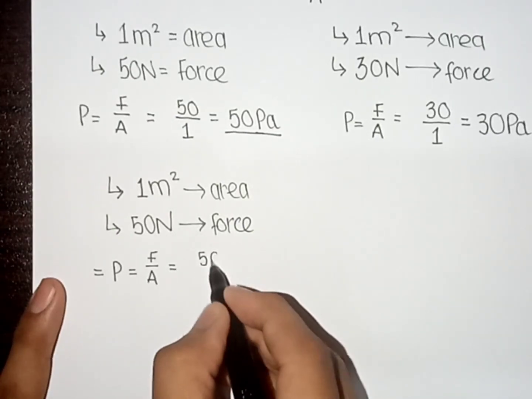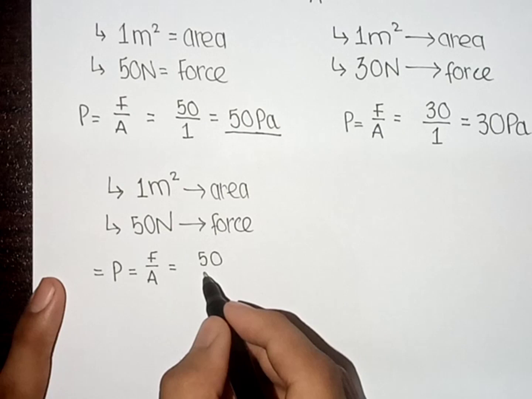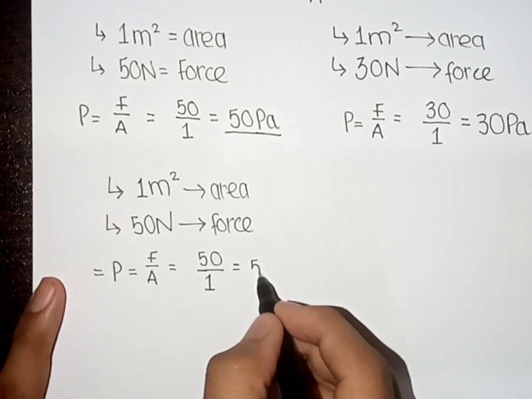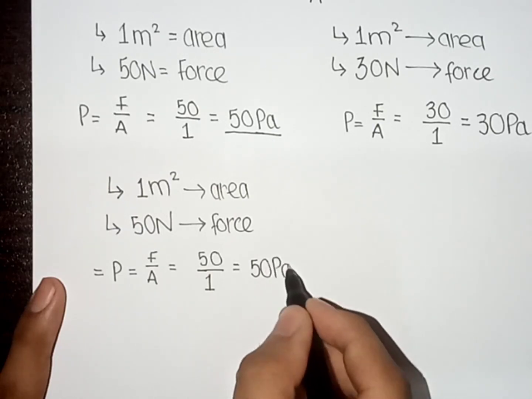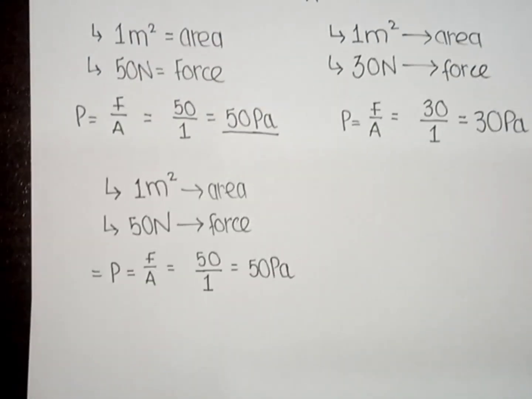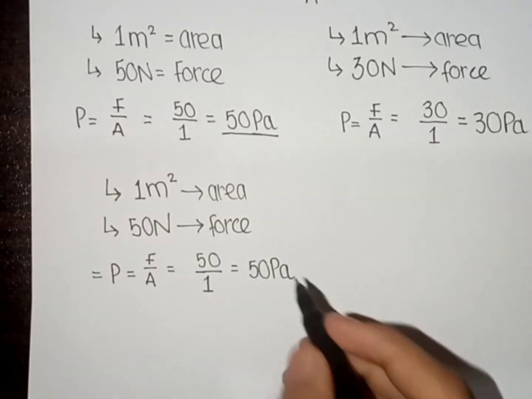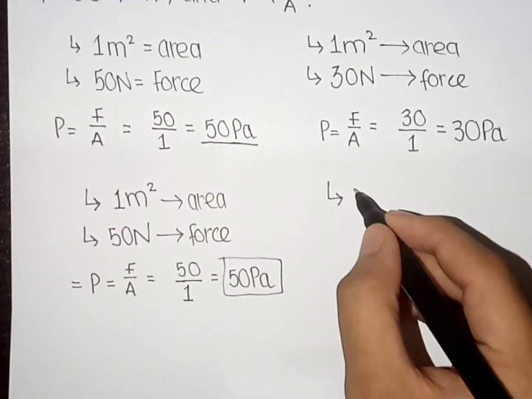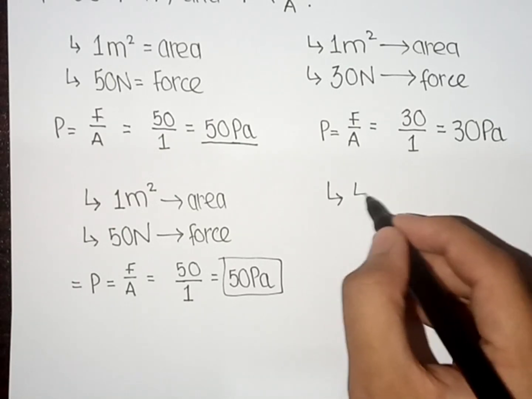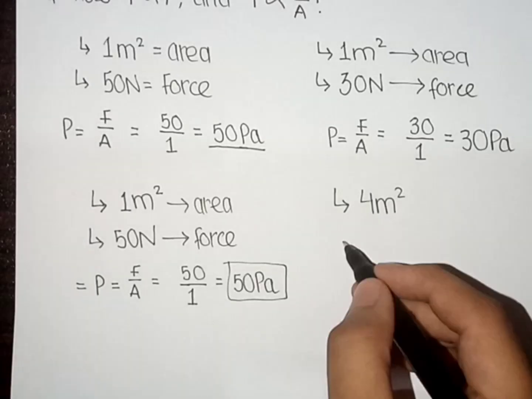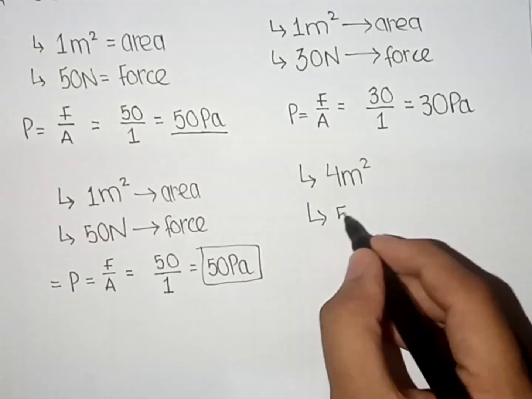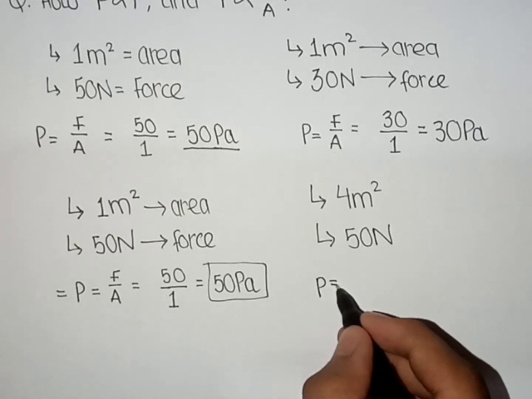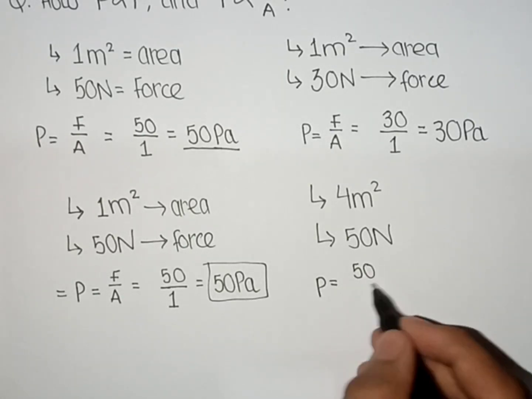Putting up the values, it's the same as above, you need to remember. And if we are changing the area, for example, I'm putting 4 meters square, and the force will be the same, remember. So now we have to calculate it: 50 upon 4.